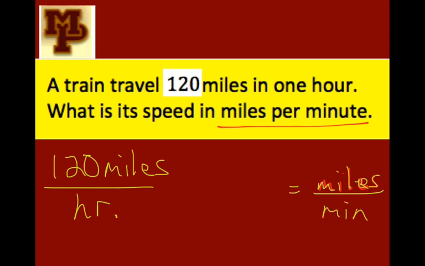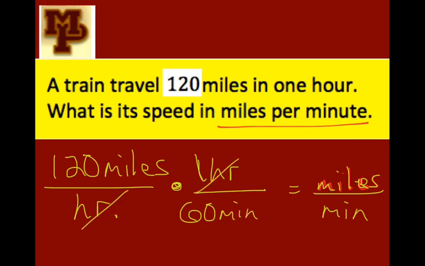And we need to figure out how to just do one conversion here. So we want to change the hours into minutes. So 1 hour is the same thing as 60 minutes. So the hours will cancel out. We'll multiply straight across. So we'll have 120 miles over 60 minutes. And those divide nicely. And so we'll have a nice even 2 miles per minute.